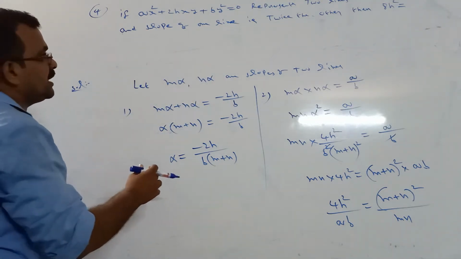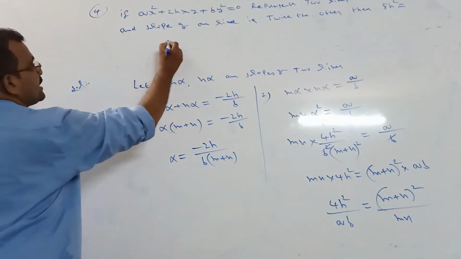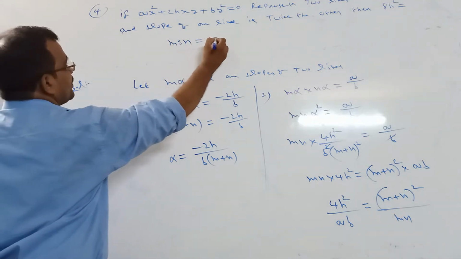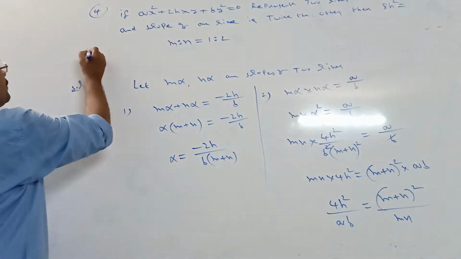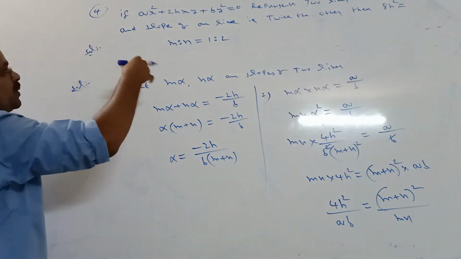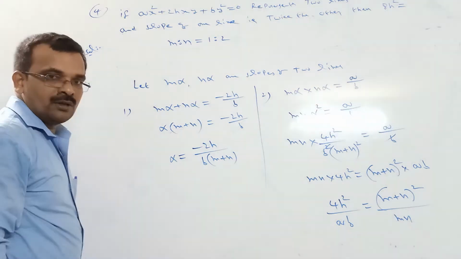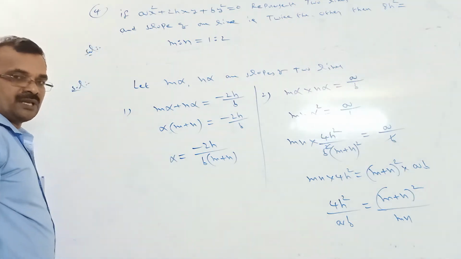So obviously one slope is twice the other means your ratio is 1:2.